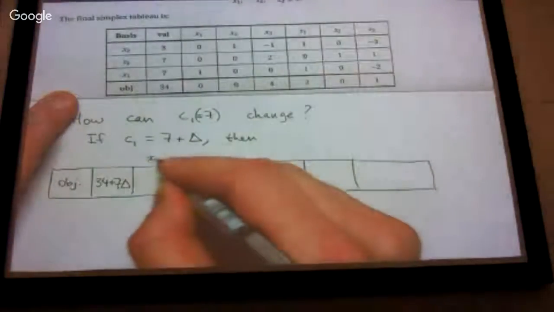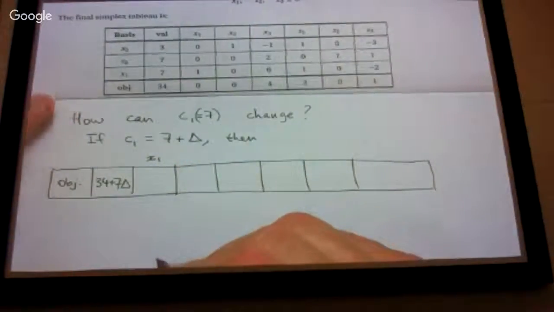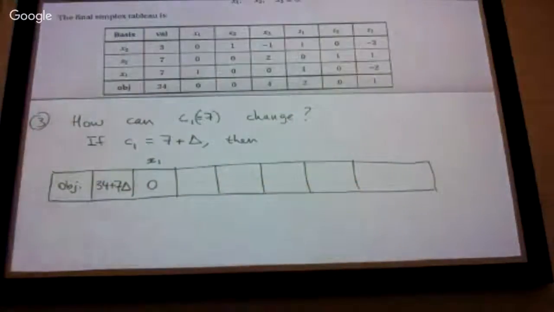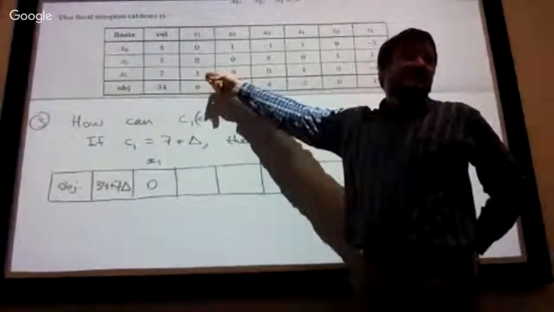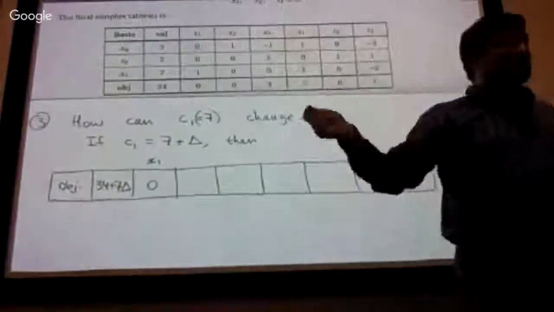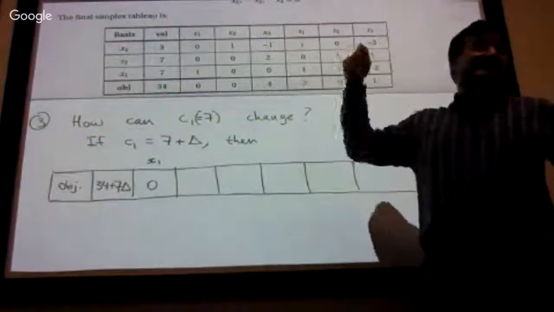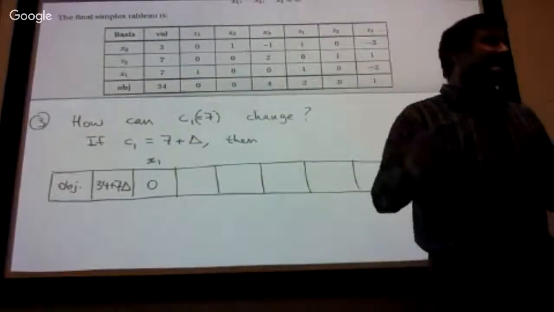This x1 thing just stays 0, firstly because it's in the basis, so it has to be 0. But also, we're adding delta times 1, but then, remember, we had to subtract the original value, and that's again subtracting the delta back, so nothing changes there.